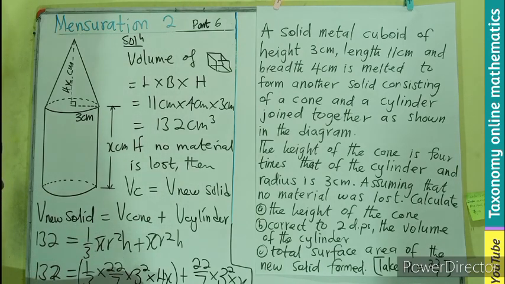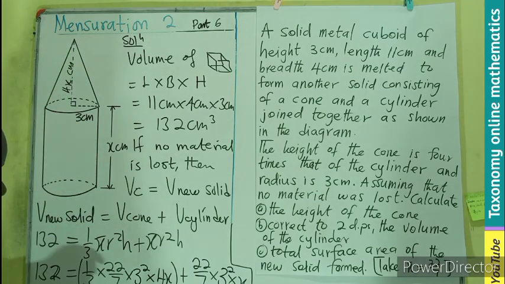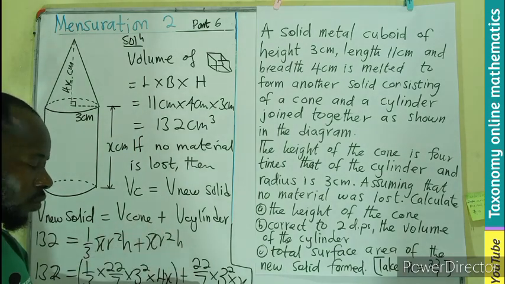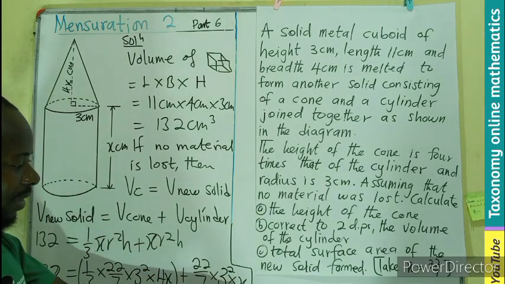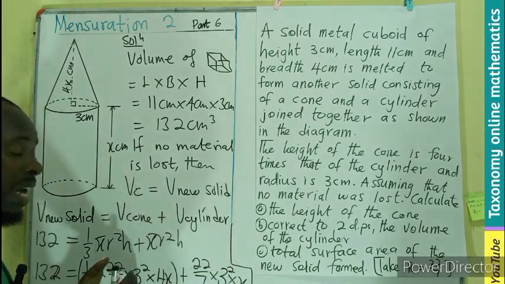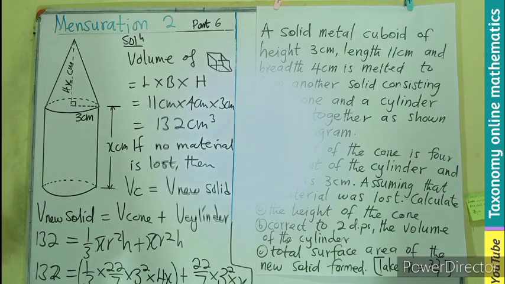I believe we can associate that and say that this is the volume of the cone, 1/3 pi r squared times the height, which we are seeing here to be 4x, plus the volume of the cylinder, which is pi, that is 22/7, times the radius squared. We know the radius is the same, 3 centimeter, then the height is what? x. So let's solve the right hand side and equate it to the left hand side.